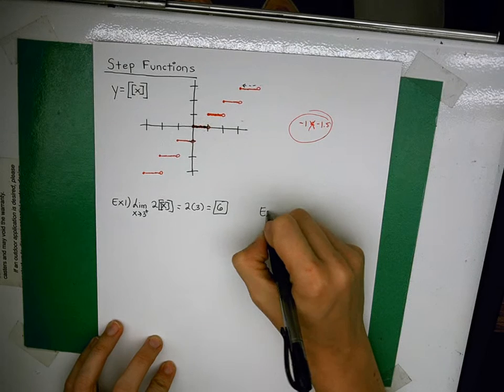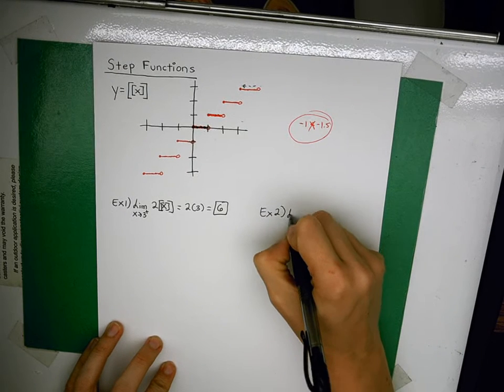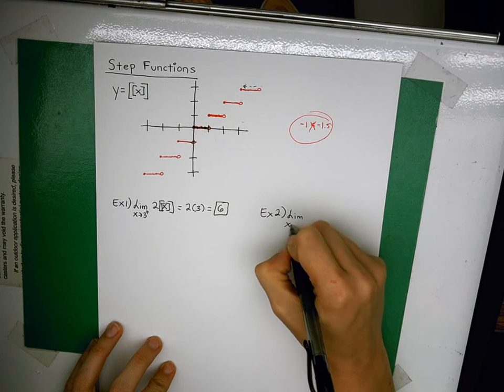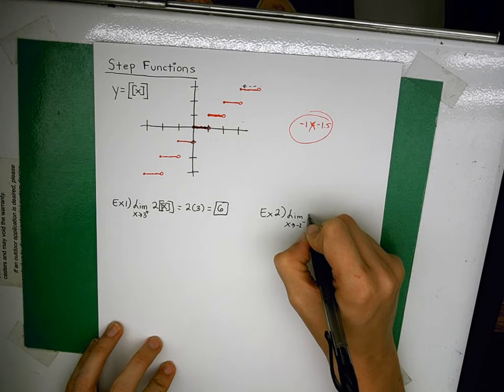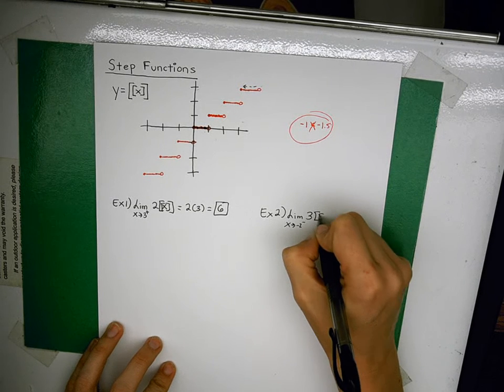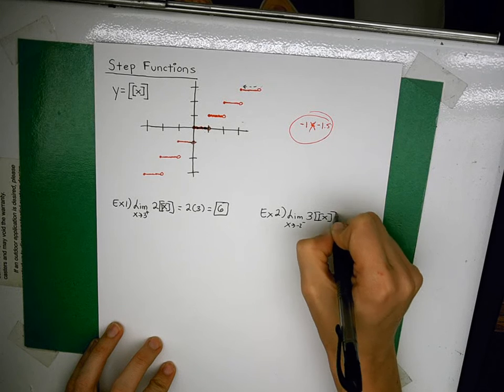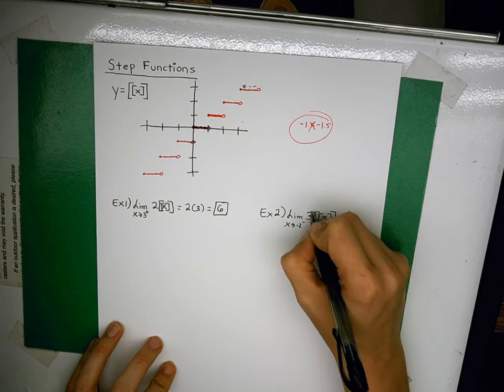I also could potentially ask you for example 2, the limit as x approaches negative 2 from the left of, and we'll do 3 step function of x minus 1.